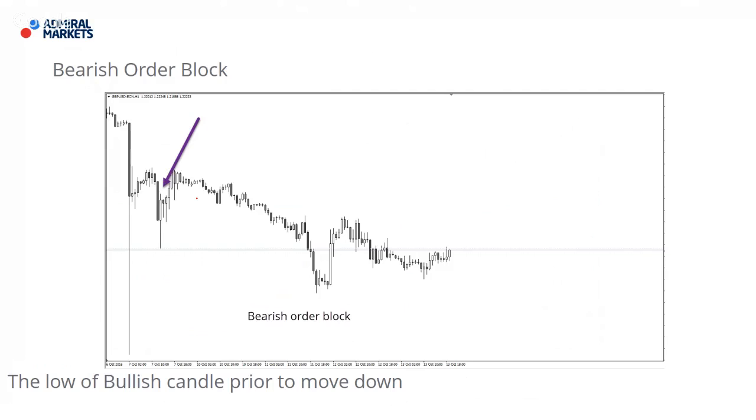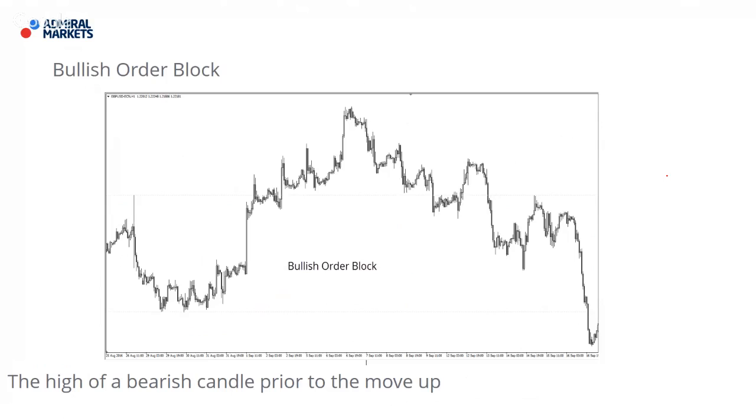I will show you this on a live chart when I finish with the PPT, so you will be able to see what it is. So for now, remember that the low of a bullish candle prior to a move down is called a bearish order block. Sometimes the body of the candle can also be bearish, but I will show that in a real example, so you will also know what I'm talking about.